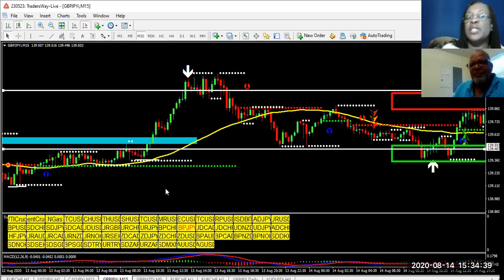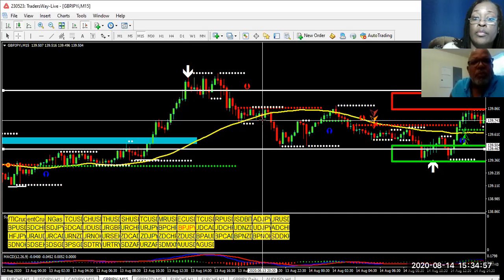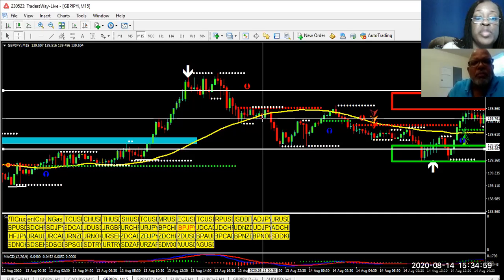What you describe is another way that you can capitalize on the larger pip count. You could drop 2 positions, and you did put this in your example here too. The first one would be, in this case, say you got in right here. Right. So your first position, TP, would be here.